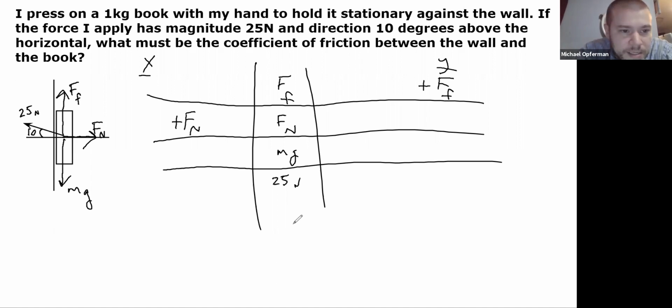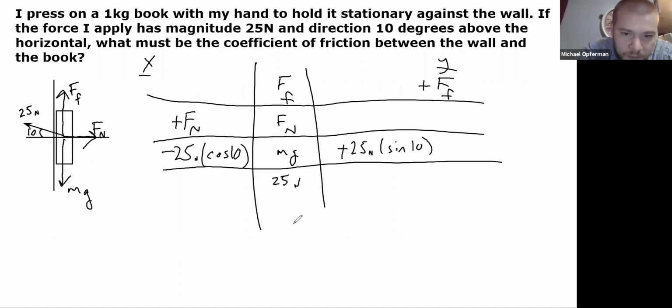The 25 Newton force, that's the tough one. That one has a component in negative x and a component in positive y. So it's going to be 25 cosine of 10 in the x direction. And over here, it's going to be 25 sine of 10 in the y direction.